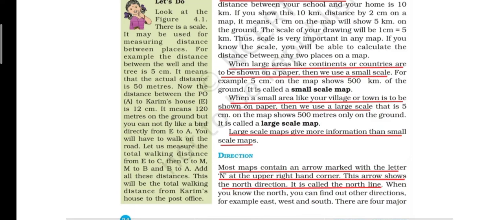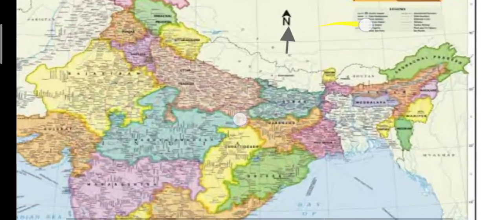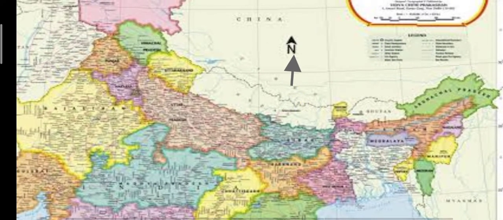So in that case, you will tell that the arrow on the upper right hand corner that shows the north direction is known as the north line. So I hope north line is clear to you.